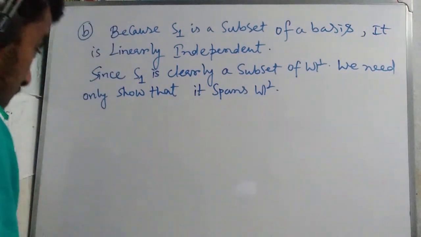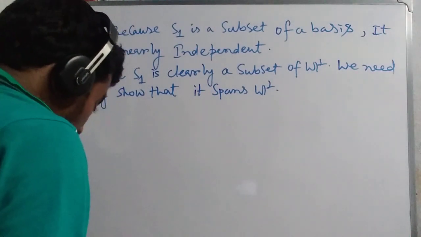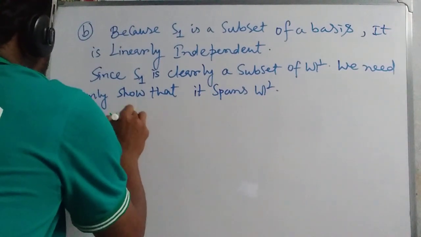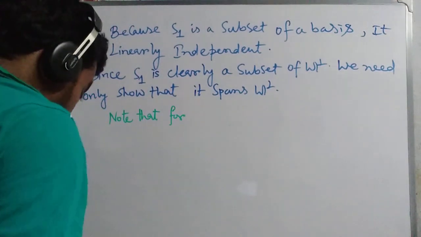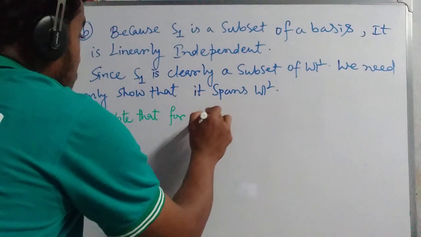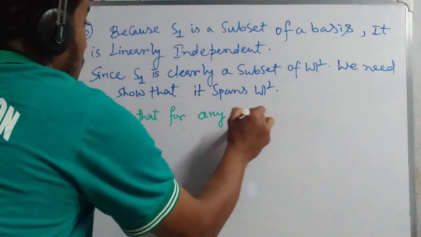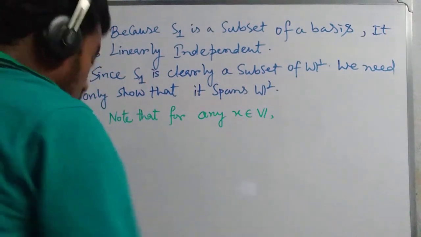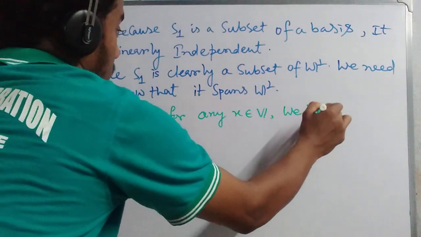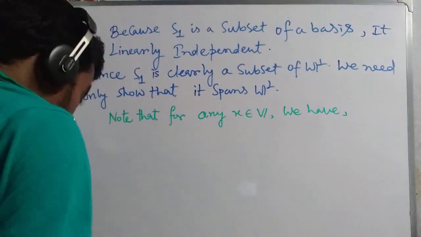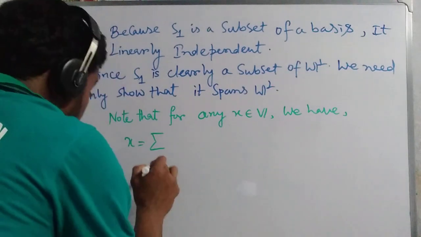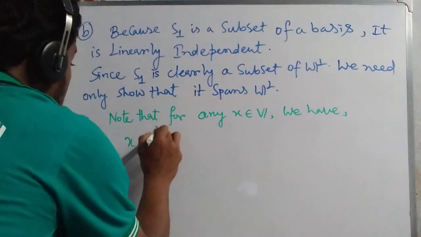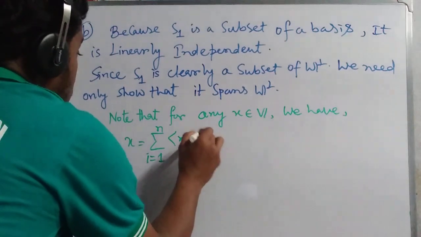Note that for any x belonging to V, we have x equals the sum for i equals 1 to n of the inner product of x and vi times vi.